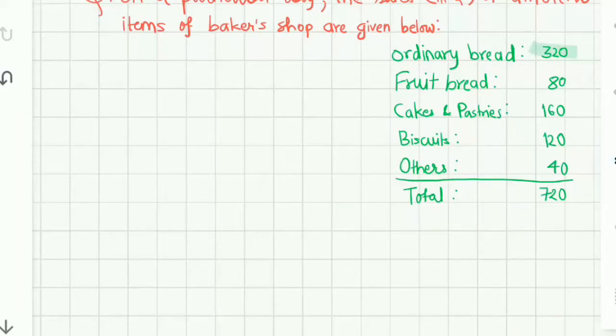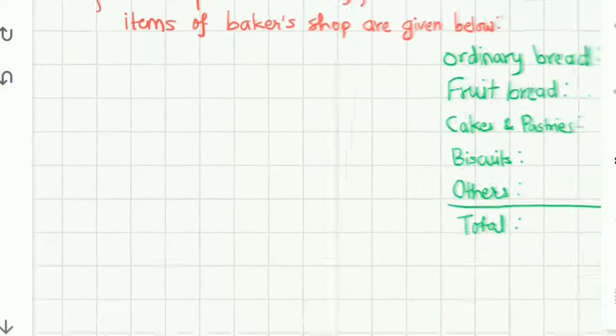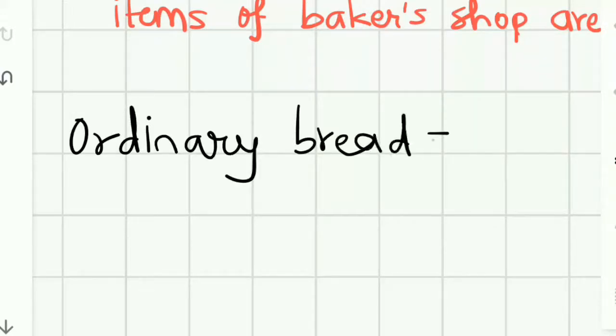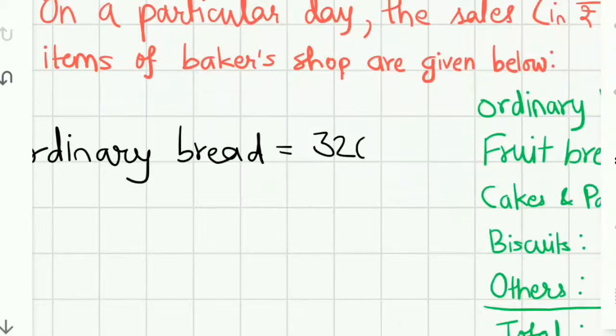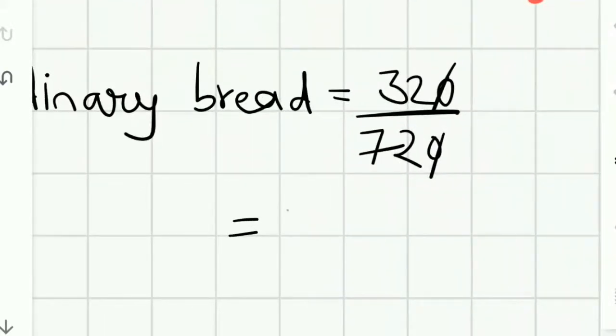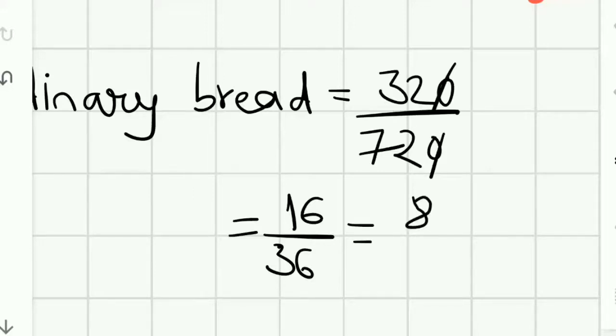So let's see. The part of the total sale for ordinary bread, equal to 320, is 32 by 72, which is equal to 16 by 36, which is equal to 8 by 18, which is equal to 4 by 9.